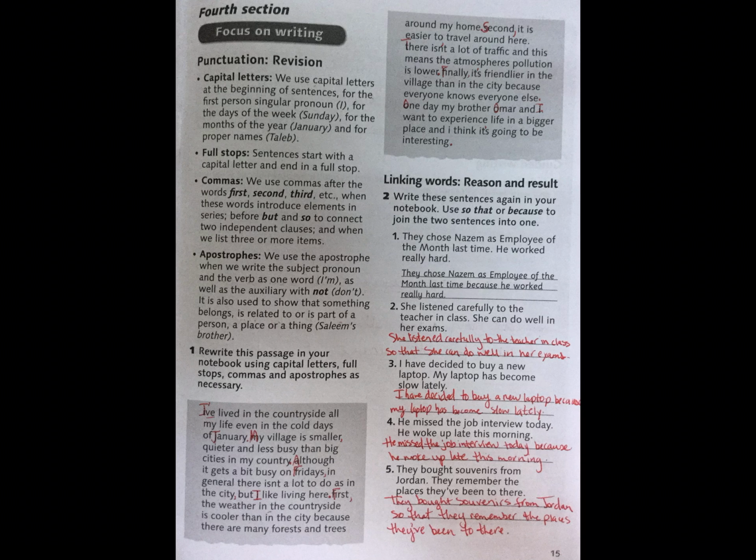And then smaller, we must put a comma after smaller because we are talking about more than one thing now. It's smaller, quieter, and less busy. We are naming things about this village. That's why we put commas, to separate, so the reader knows we're going to talk about other things. And then we have a full stop after country.